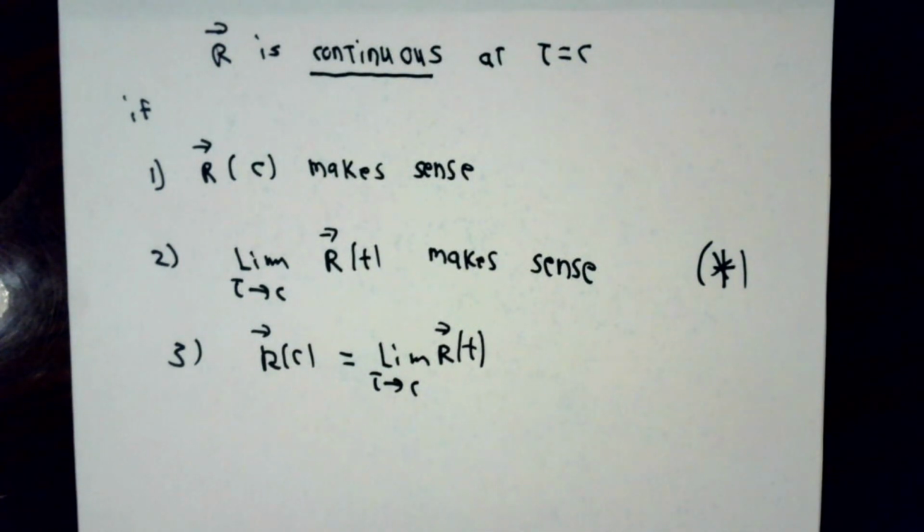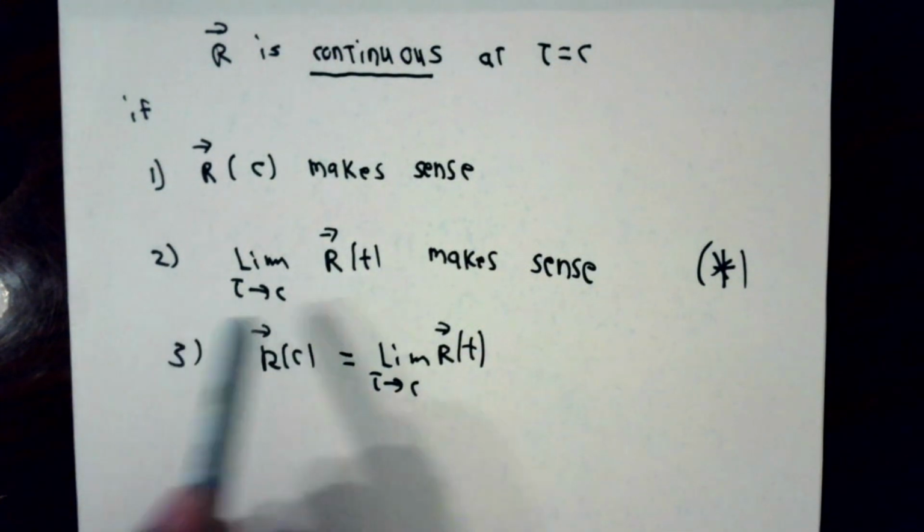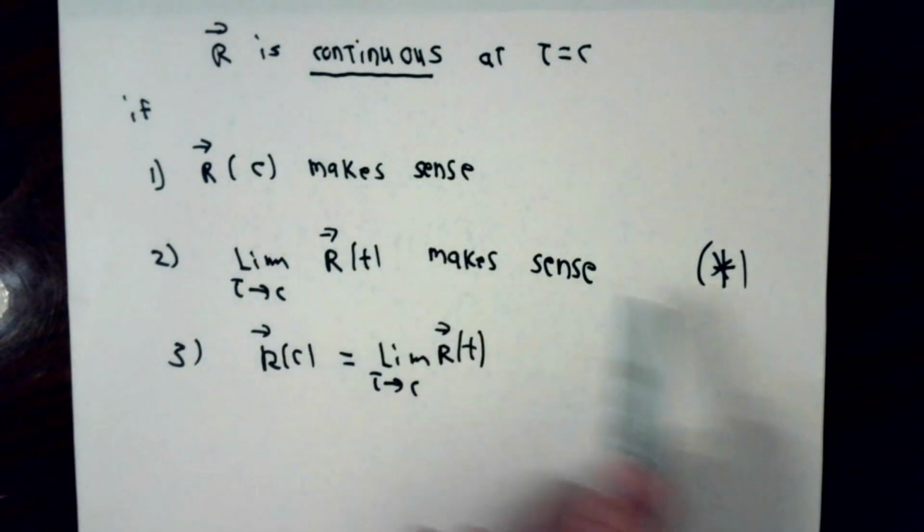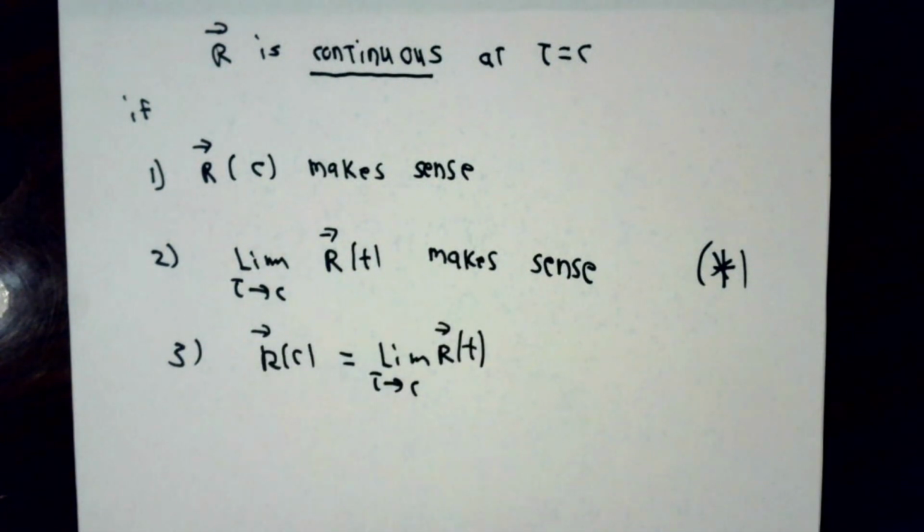That means there must be an interval of t numbers, which contains t equals c, upon which I'm guaranteed to be able to evaluate the r function, except maybe right at c. This is a slightly trickier looking statement than it actually is. But to cut to the chase, everything that was true about continuity in Calculus 1 will be true of them in this setting.